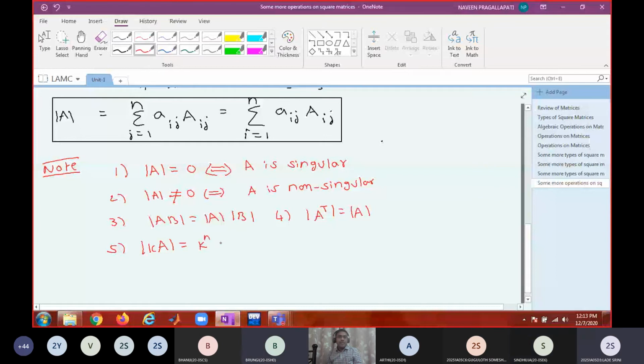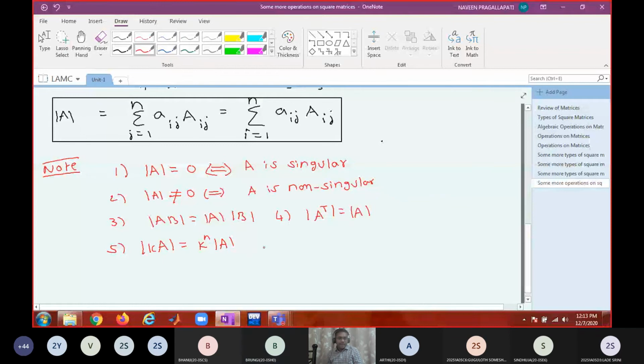No, k power n into det A. When will it be k times det A? If any row has some k as a factor, something like the first row contains 2, 4, 6, then you can take 2 common and write it outside the row.